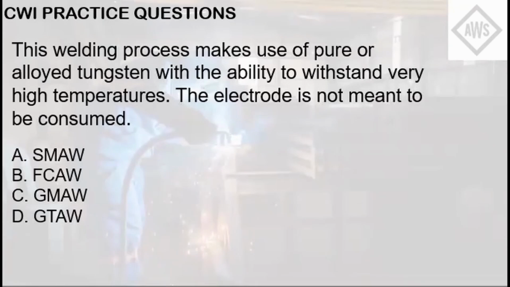GTAW, or gas tungsten arc welding, makes use of alloy tungsten that is subjected to a very high temperature, and it is fused with a filler metal or filler rod that is being fused to the base metal to weld it in place. So the answer here is GTAW, or gas tungsten arc welding, commonly known as TIG welding.